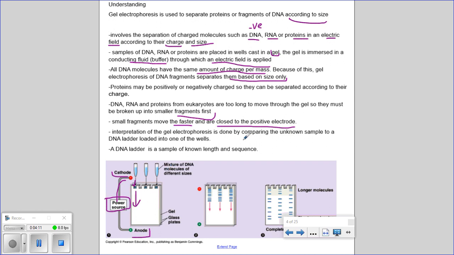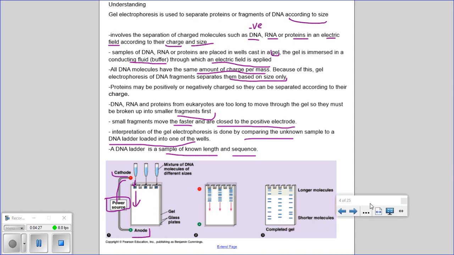Interpretation of gel electrophoresis is done by comparing the unknown sample to what is called a DNA ladder loaded into one of the wells. A DNA ladder is a sample of known sequence and length. So, for example, in the picture shown here, one of these samples would be the DNA ladder.